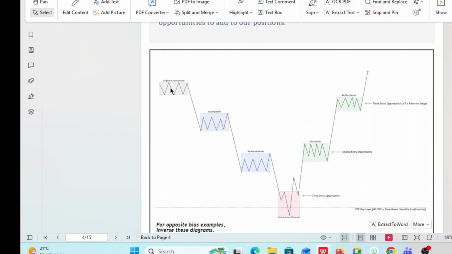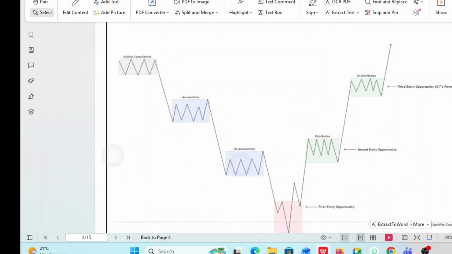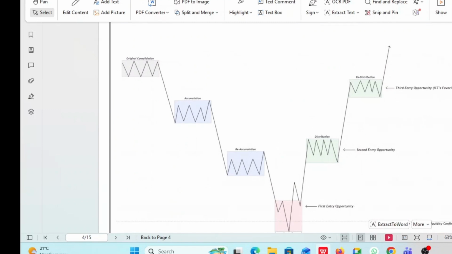So at this one, this is the original consolidation, this is accumulation, and this is reaccumulation, and this is our first entry. Then distribution, you put a second entry, redistribution, another third entry. So our daily bias in the lower time frame helps us in adding to our position.